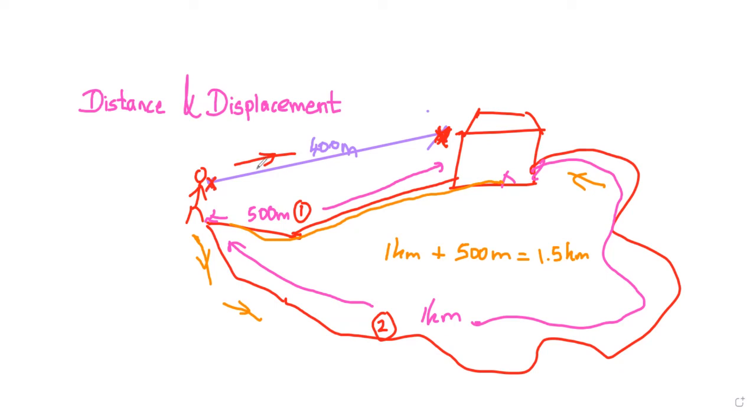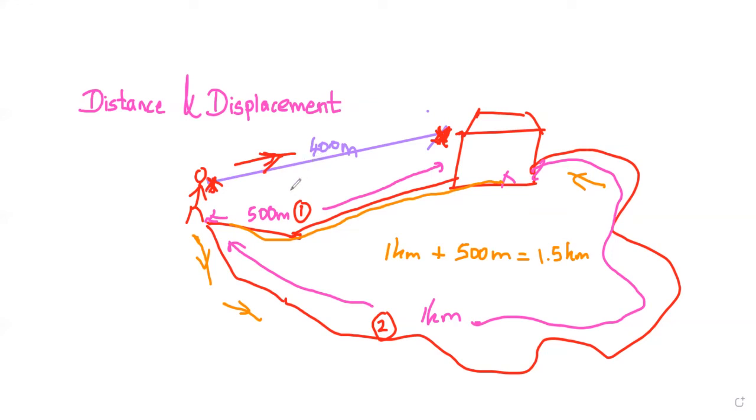So the displacement is 400 meter, the shortest distance between these 2 points. And the next is the direction, from first point towards the second point. So this is known as displacement.